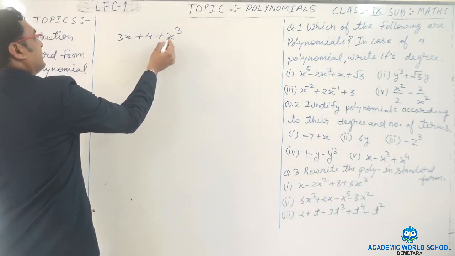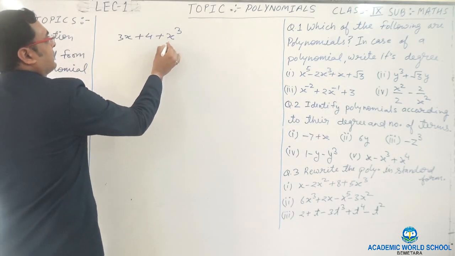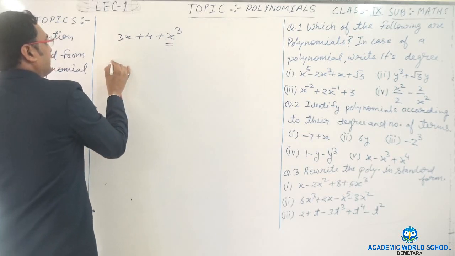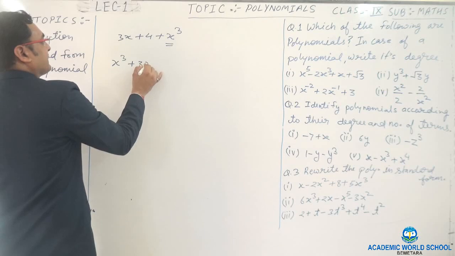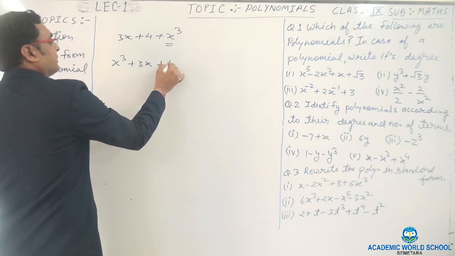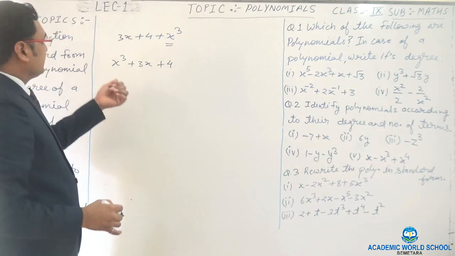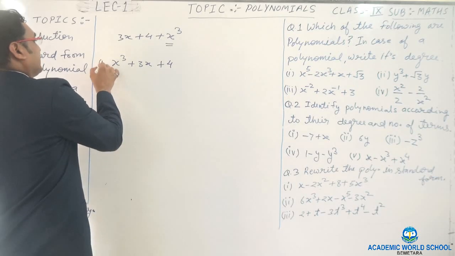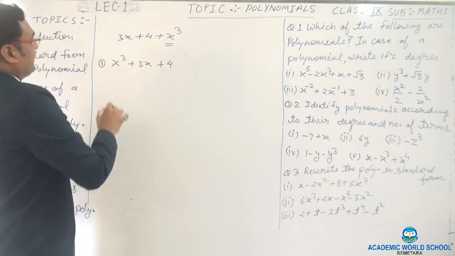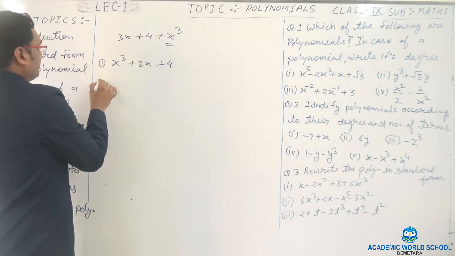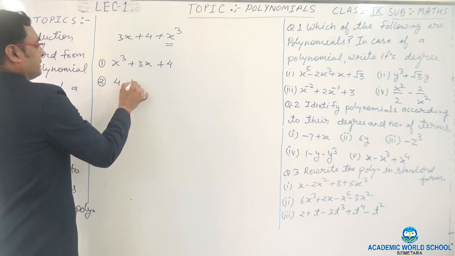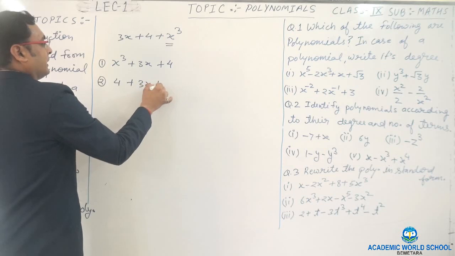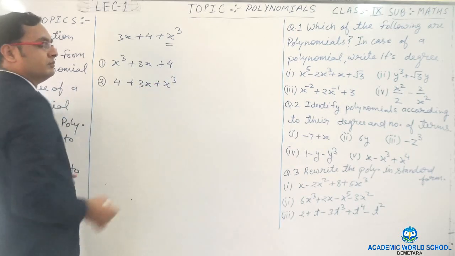Look at here. If we write in decreasing order, the highest power x to the power 3 we will write at first, then we will write 3x, and then we will write 4. This is its first standard form. Second, if we write in increasing order of the power, then this 4 will be at first, then 3x, and then x cube.